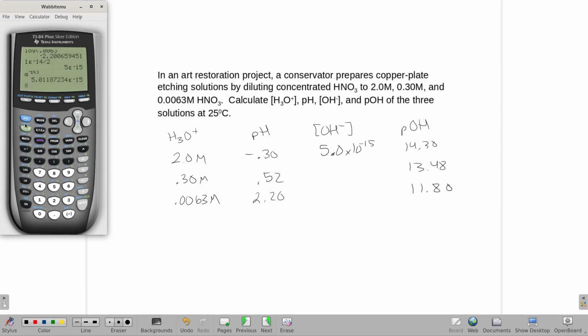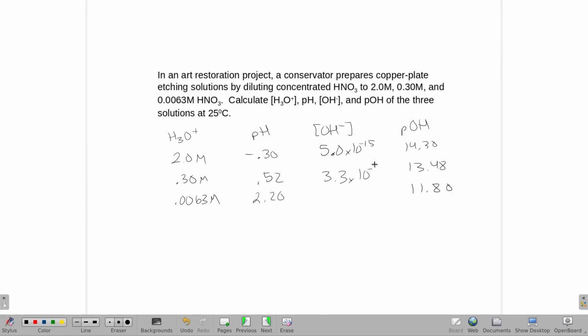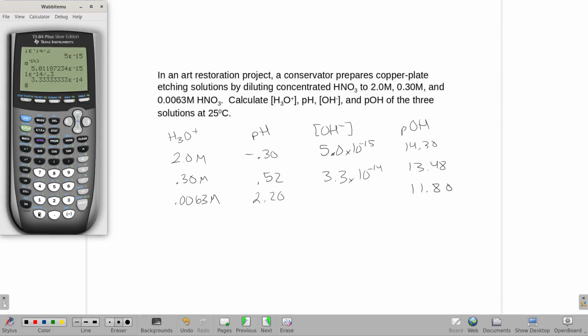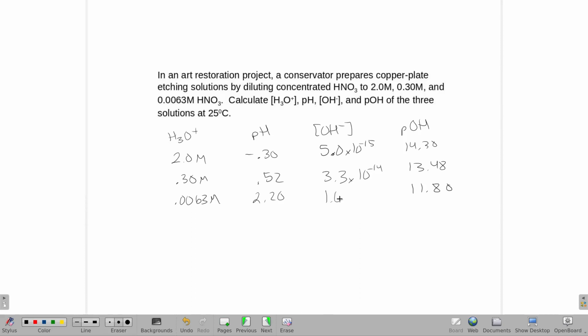So, let's see, 1 times 10 to the negative 14th divided by 0.3, I get 3 times 10 to the negative 14th. And then the last one, 1 times 10 to the negative 14th divided by 0.00663, I get 1.6 times 10 to the negative 12th. These are all molarity. pH doesn't really have a unit.